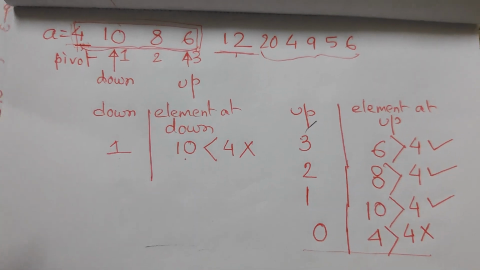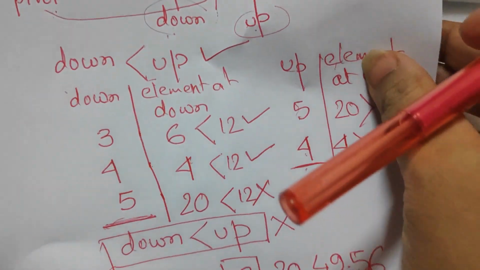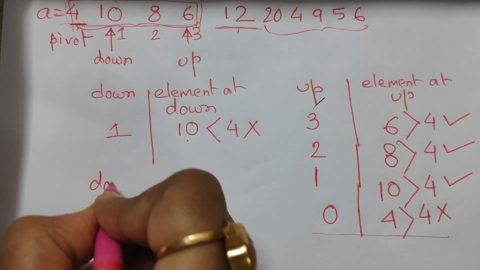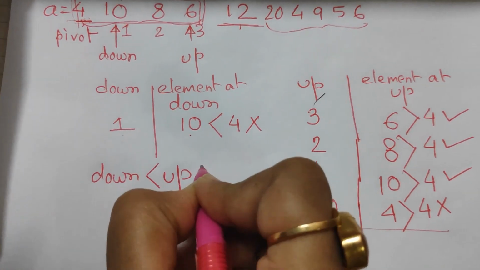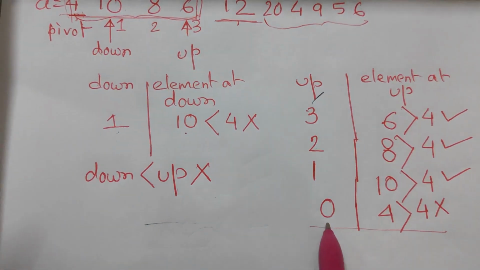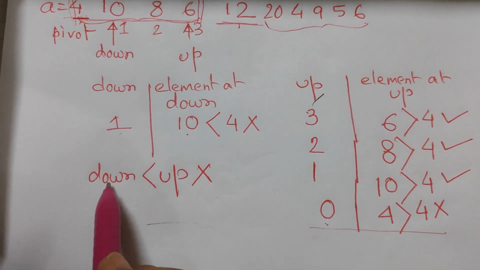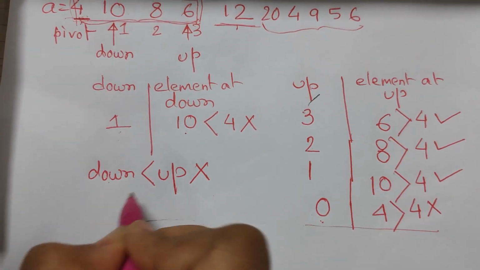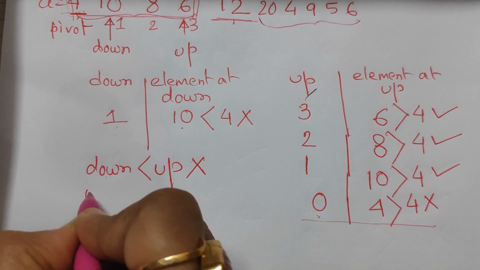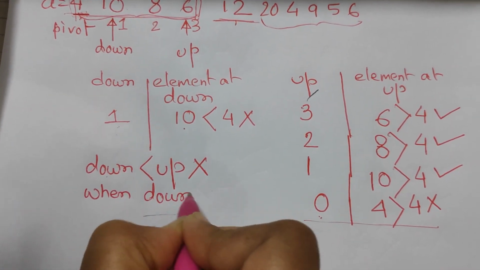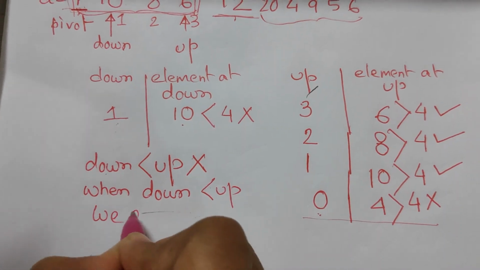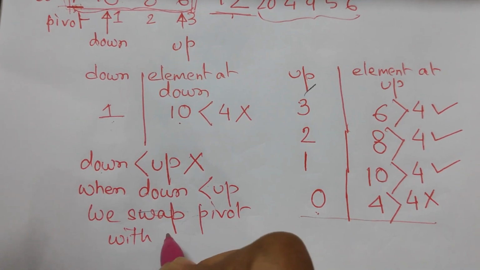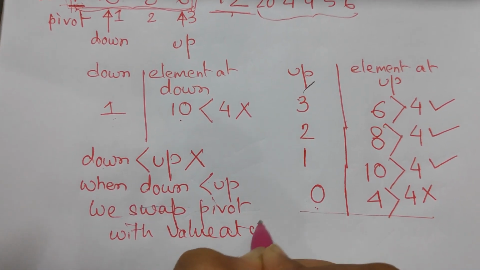Now what is the comparison? You see in the previous case also, what did we compare? We compared whether down is lesser than up. So if you check, down less than up is incorrect because the down value is 1 and the up value is 0. So when the down value is not less than the up value, we swap the pivot with the value at up, correct?